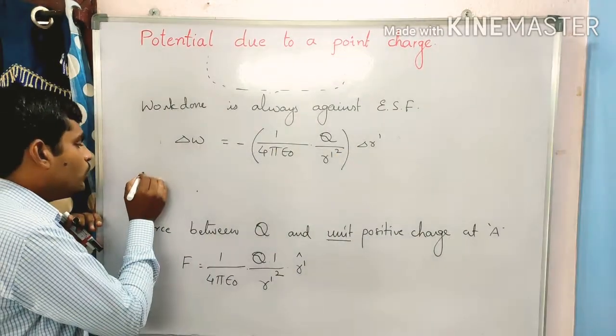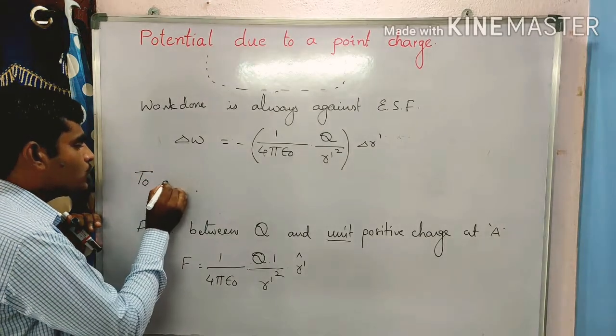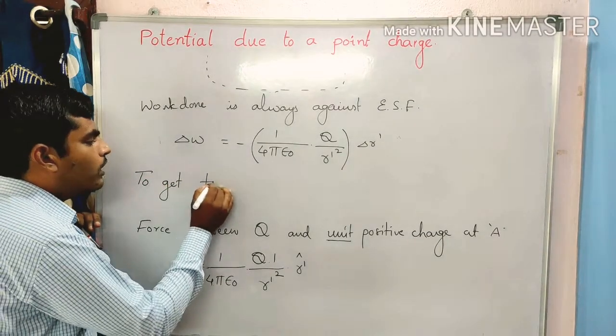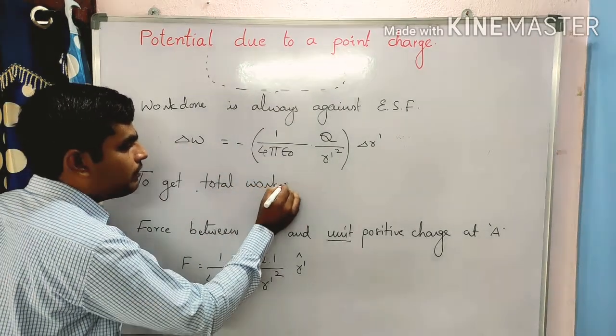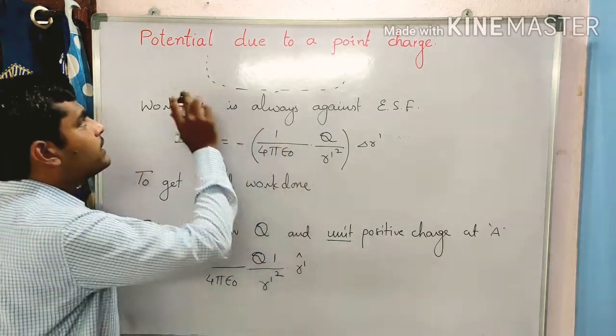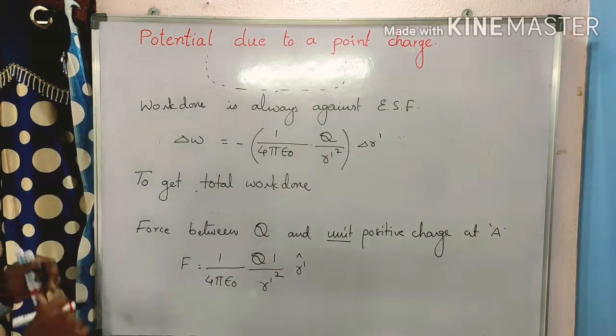Now I want the total work done. If I get the total work done, it is the electric potential due to the point charge.